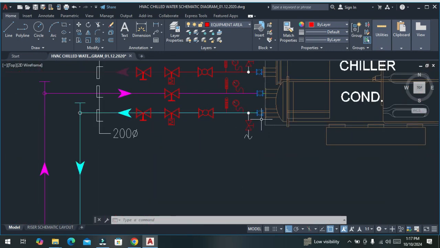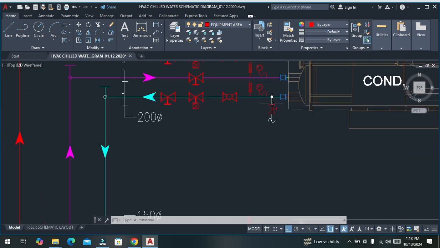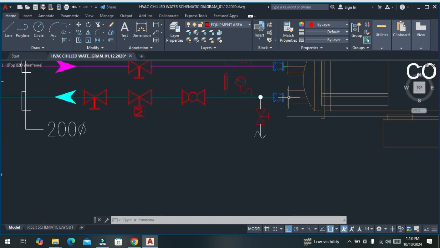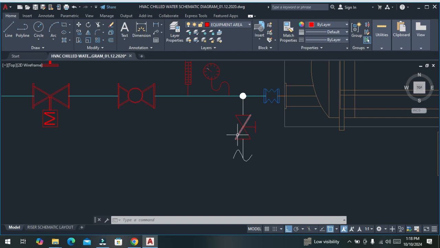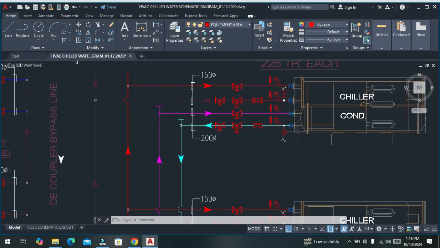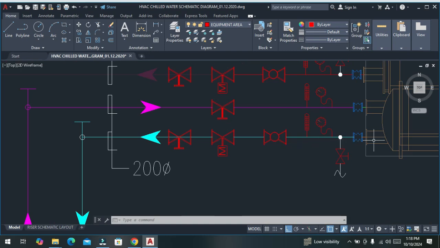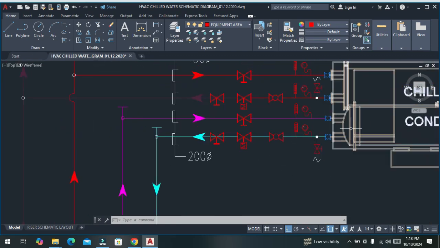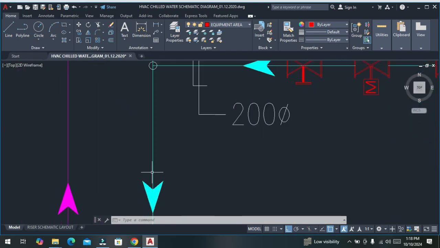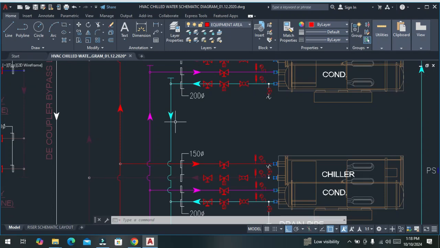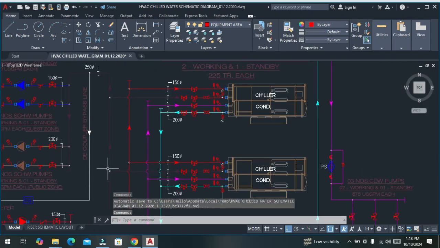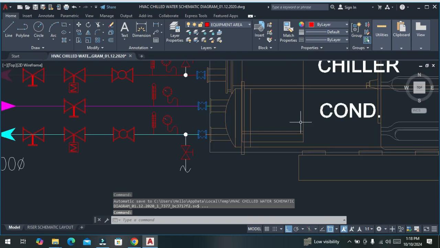Basically, this water is heated water. Let's say the temperature of this water is 33 to 34 degrees Celsius. This is the heated water, so obviously we have to cool it down.